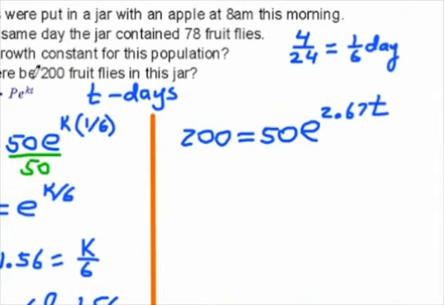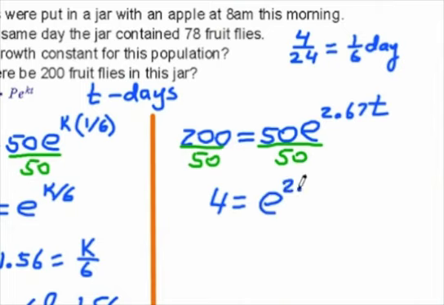Alright, to solve for that, we're going to pretty much start off the same way. We're going to divide both sides by 50. 200 divided by 50 is 4. So we're going to get 4 equals e to the 2.67t.